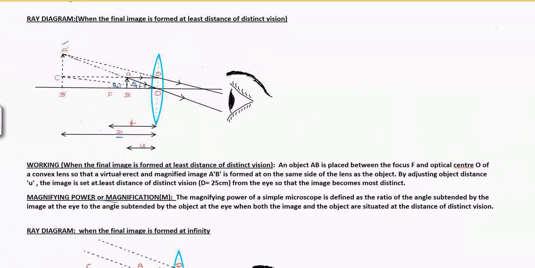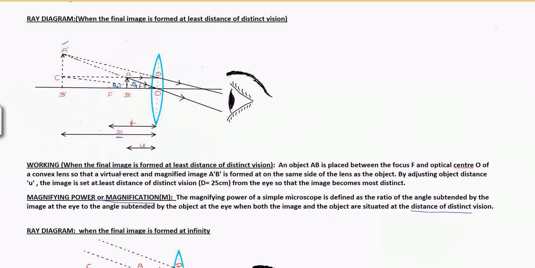According to the definition, the magnifying power of a simple microscope is defined as the ratio of the angle subtended by the image at the eye to the angle subtended by the object at the eye when both the image and object are situated at the distance of distinct vision.